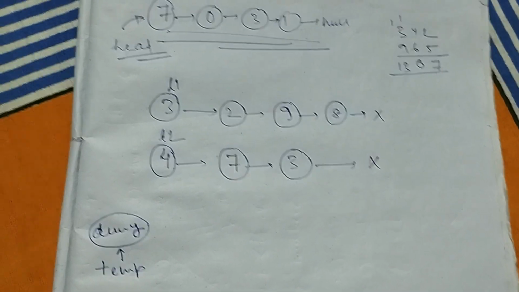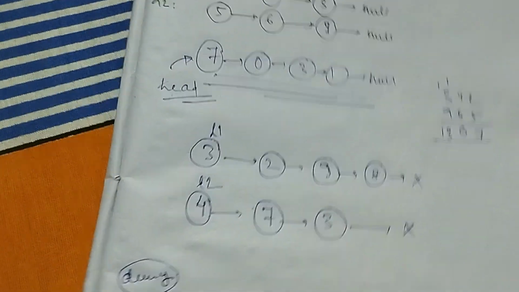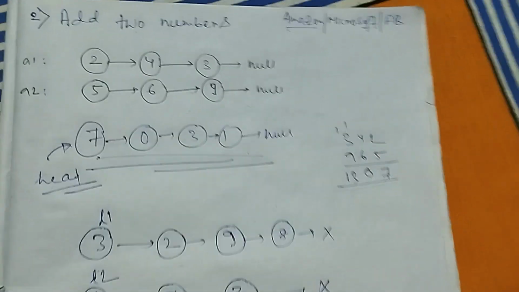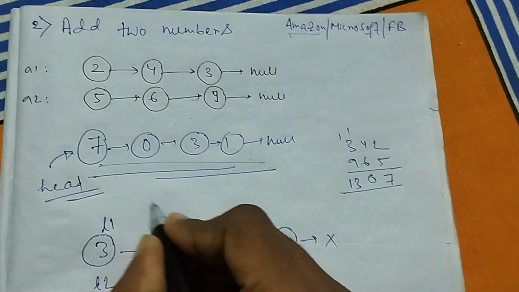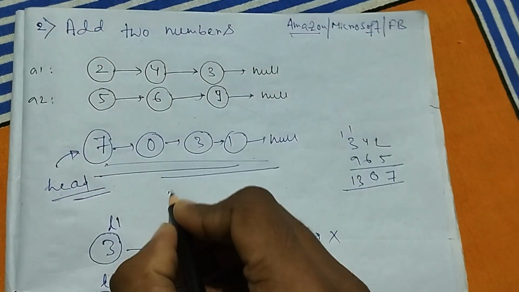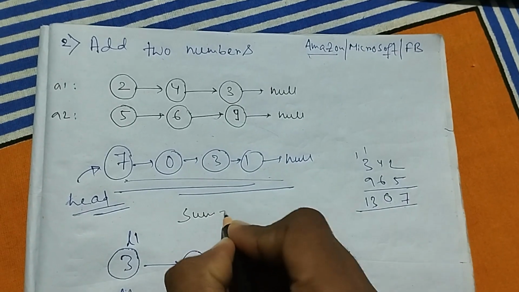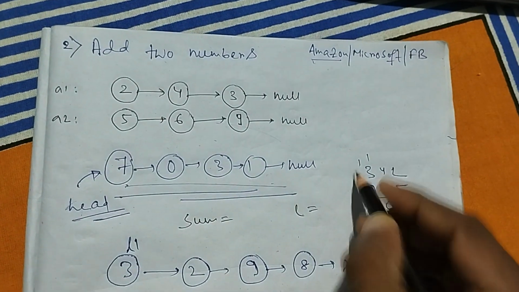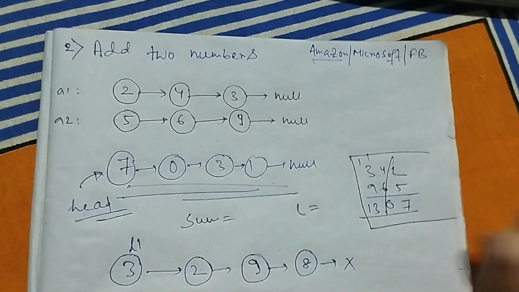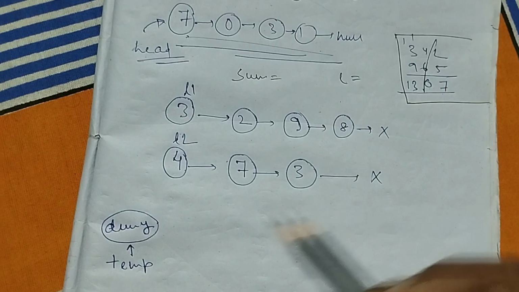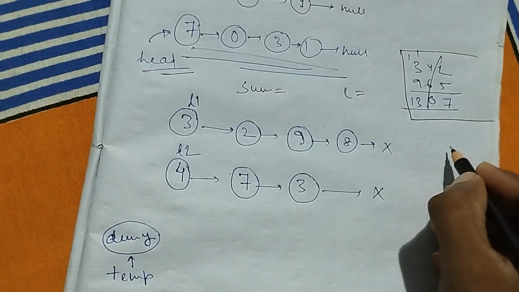Now we also have to take two variables, sum and carry, C for carry. Now we want to start the iteration.